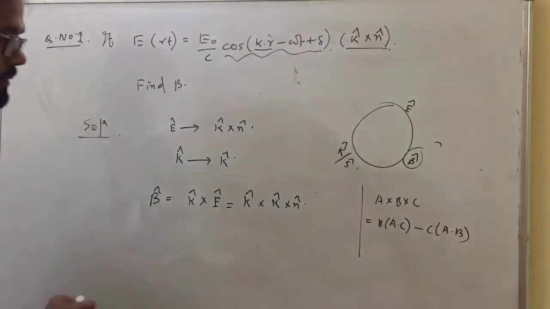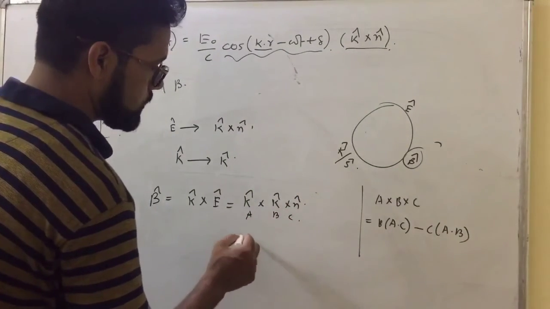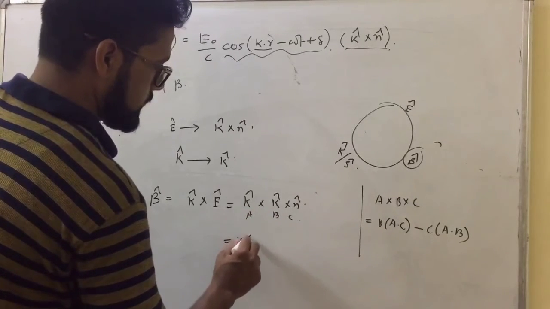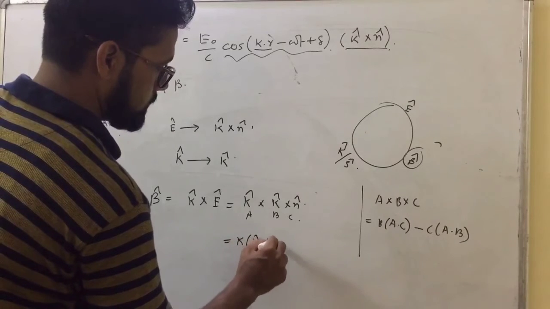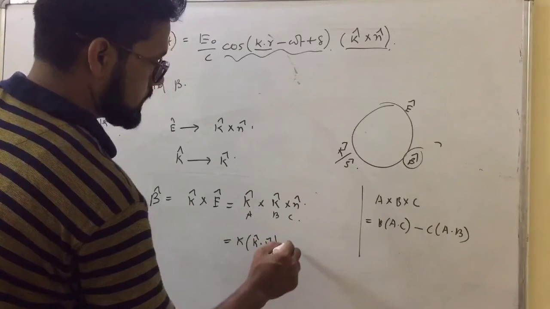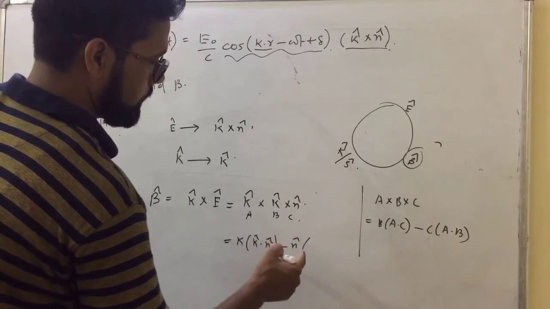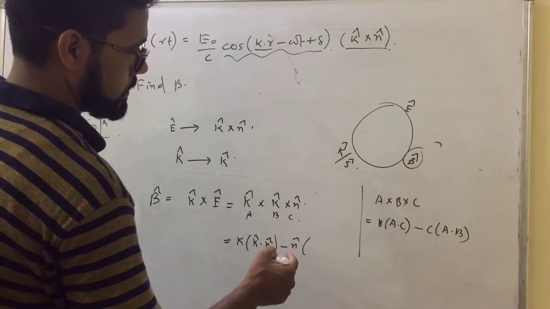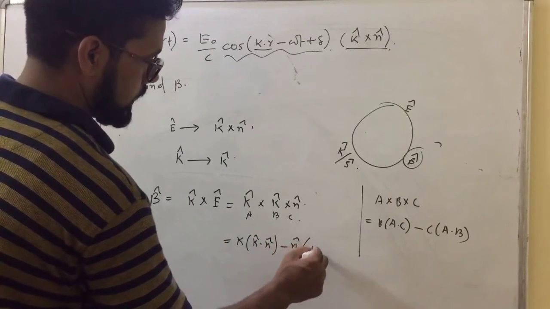This is the formula, the vector triple product. Then you will find k cap dot n cap minus n cap, k dot k.